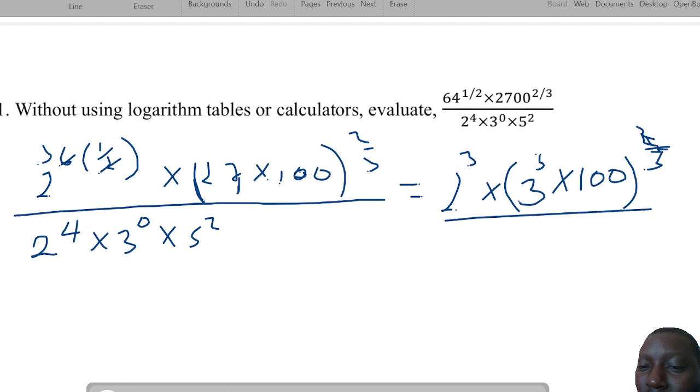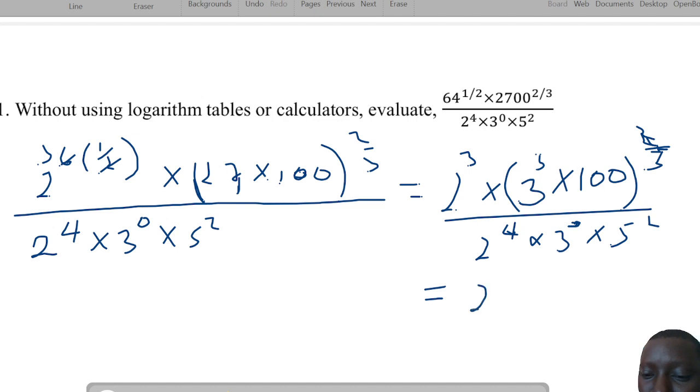Then this one is over 2 power 4 times 3 power 0, then times 5 power 2.